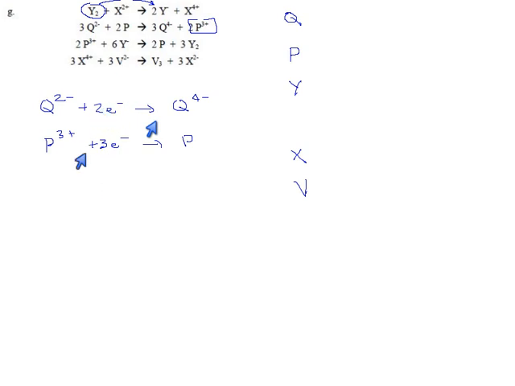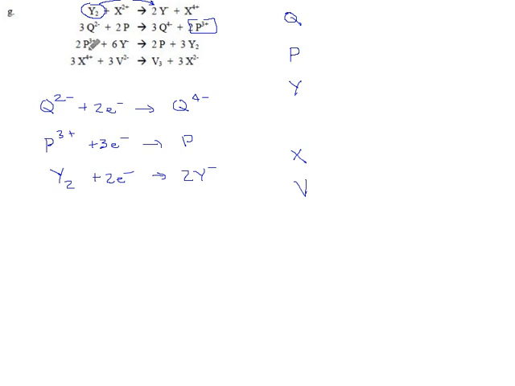It's always electrons on the left, higher charge on the left, lower charge on the right. For Y, we have 0 going down to -1. And this one is diatomic. Because it's Y2, we must get 2 Ys on the right, and that means there must be 2 electrons here.